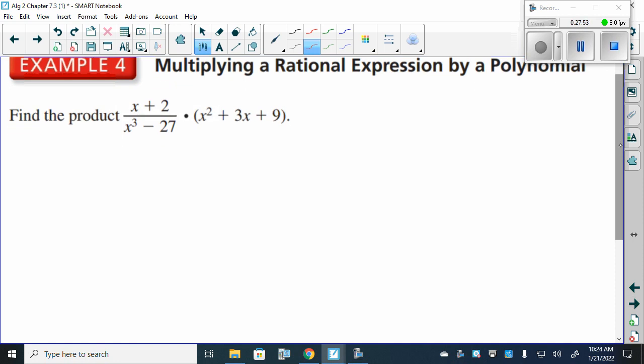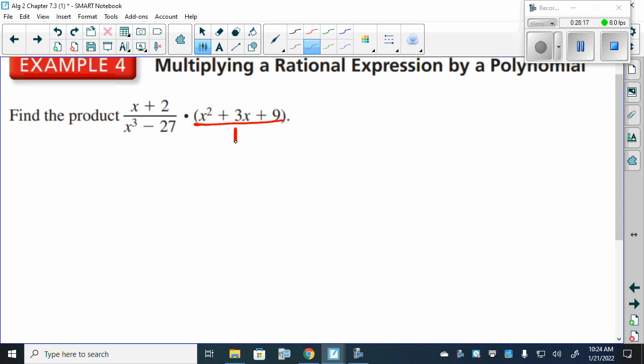This is the last type that we're going to look at with multiplication. What is the denominator for x squared plus 3x plus 9? As a division of 1, we don't really write it.